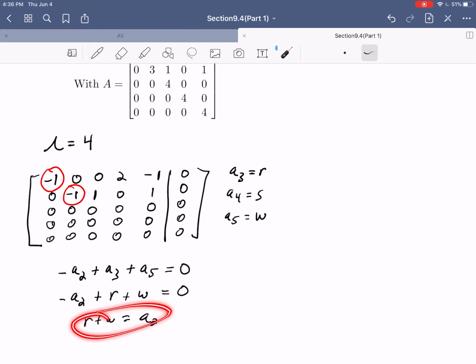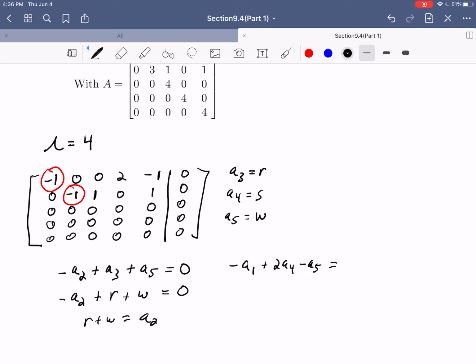And then in the top equation, we get that minus A1 plus 2A4 minus A5 is supposed to be 0. Now that tells us that minus A1 plus 2S minus W is supposed to be 0. And that looks like 2S minus W is supposed to be A1.